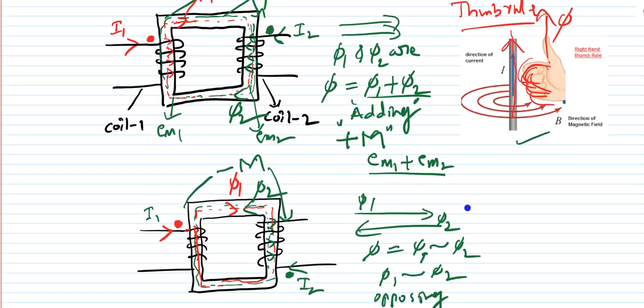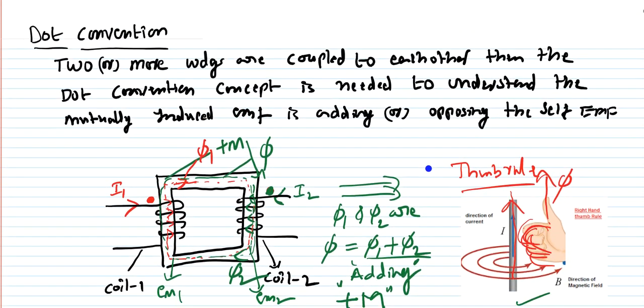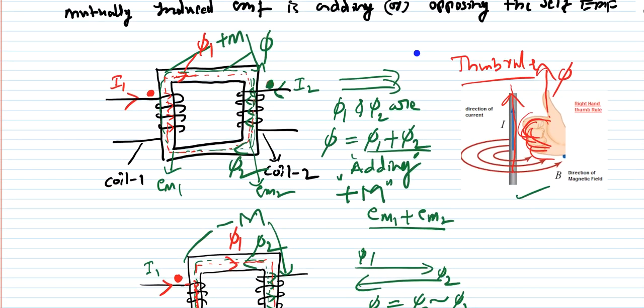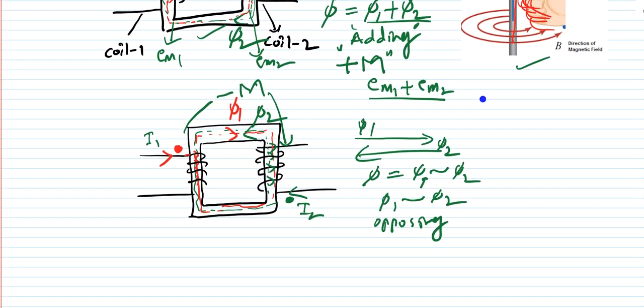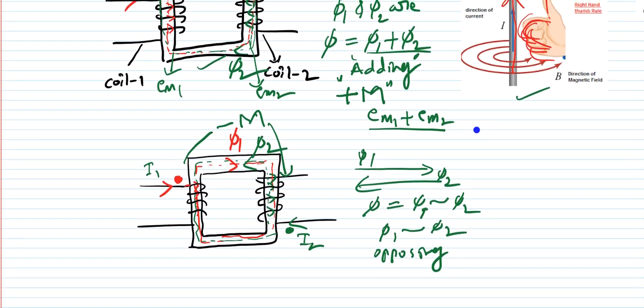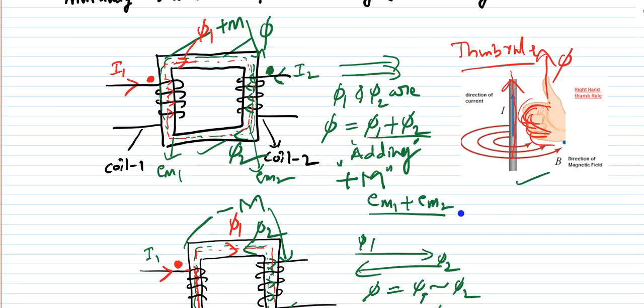So this is what happens if we change the dot polarity. That is the importance of the dot convention in this kind of equation and concept. Generally this dot convention is used in transformers. A physical transformer has dots, and from the dots you can give the supply. According to this dot, this is plus and this is minus.